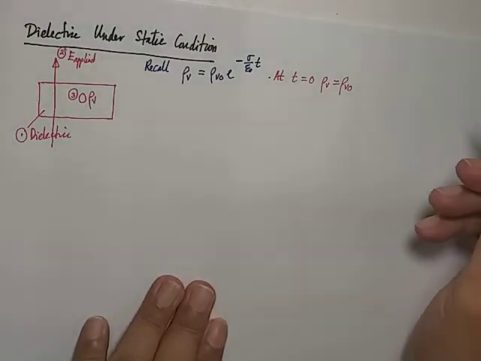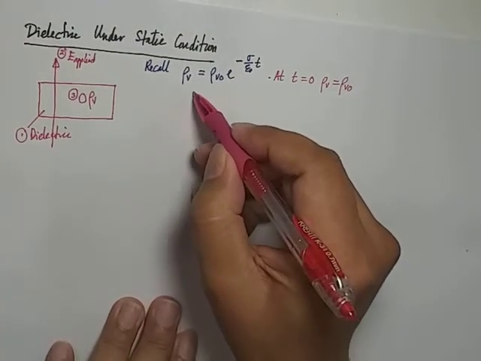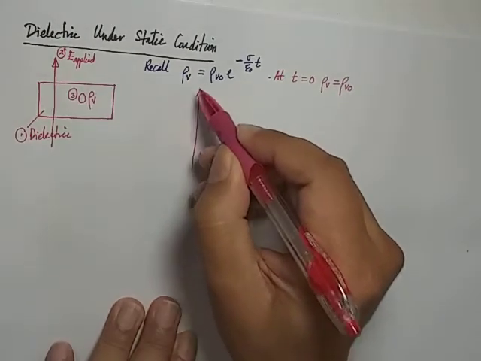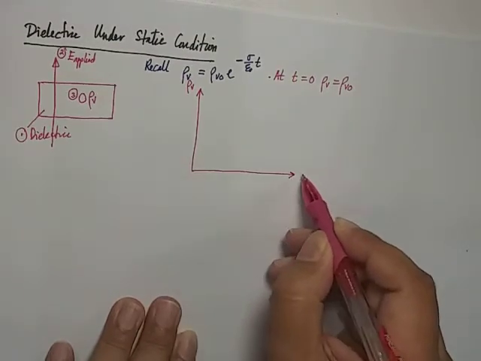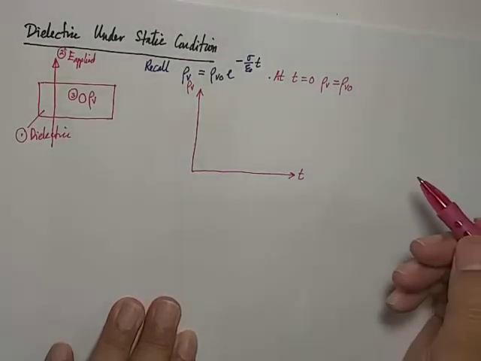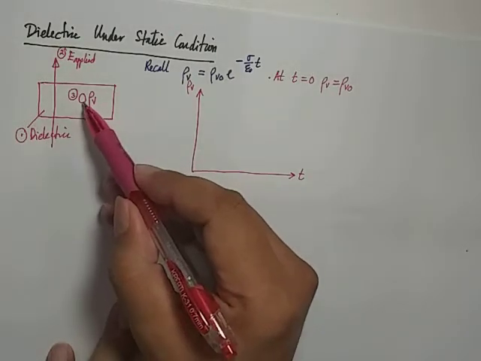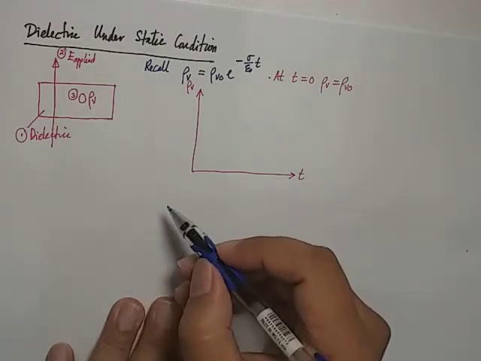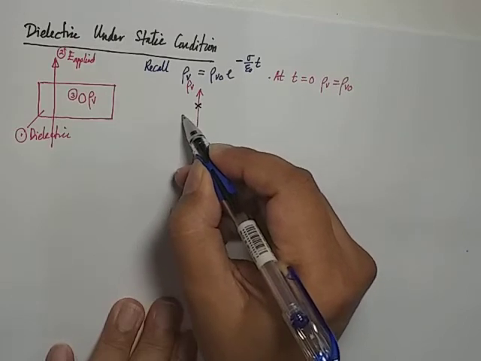Now let's draw the graph that we're going to refer to: rho v against time. This graph refers to this position in our model diagram. Before the dielectric is exposed to electric field, the value of rho v is known to be rho v naught.